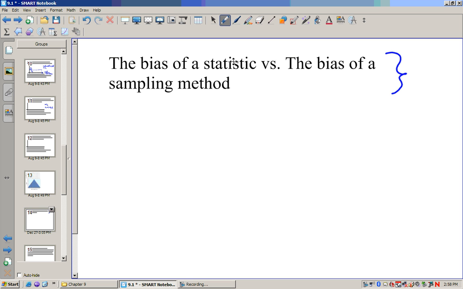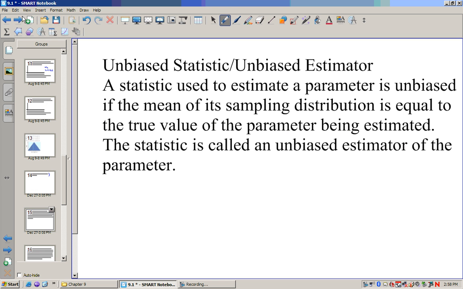A bias in a statistic means that the statistic is not going to be accurate for the population that we want to get. So we want to look for an unbiased statistic or an unbiased estimator, which is a statistic used to estimate the parameter.